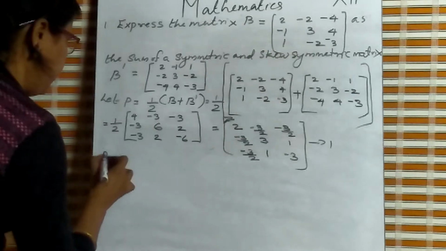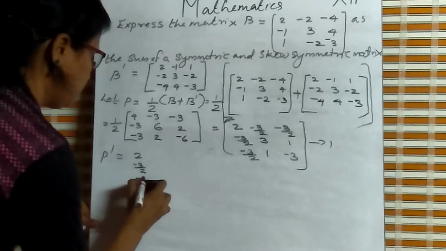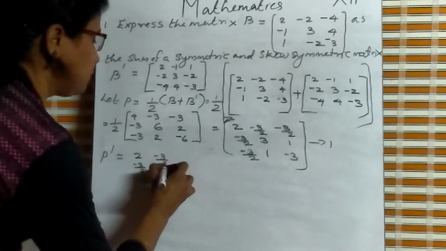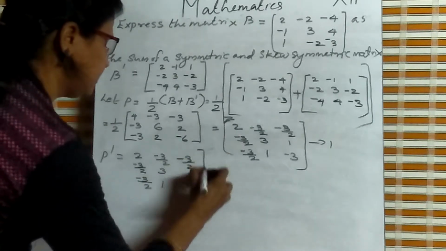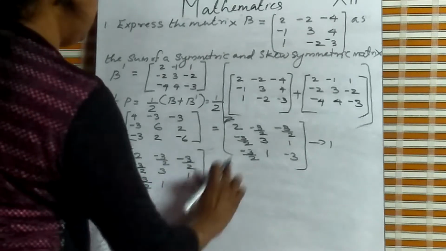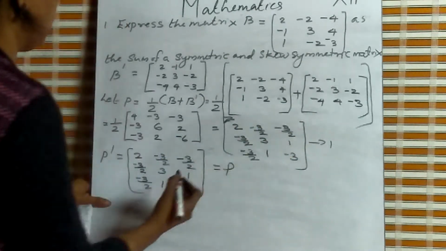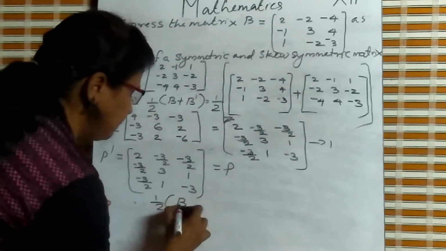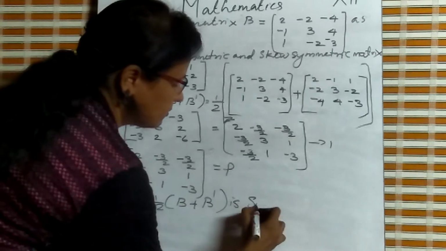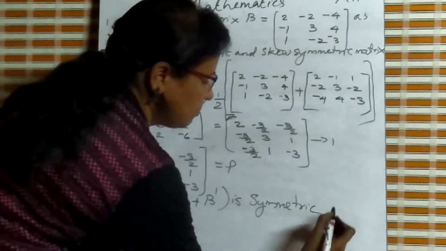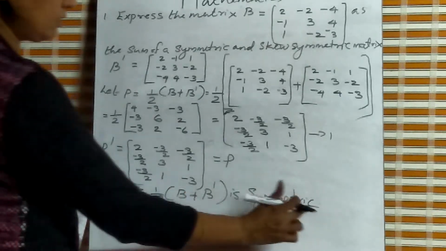Then P transpose is [2 -3/2 -3/2; -3/2 3 1; -3/2 1 -3]. So P transpose is equal to P. Therefore, P equals half of B plus B transpose is symmetric.